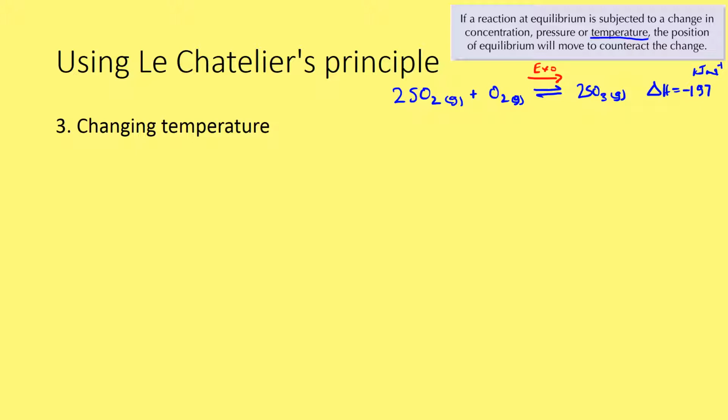And the other reaction that we'll study is dinitrogen tetroxide, in equilibrium with 2 moles of nitrogen dioxide.